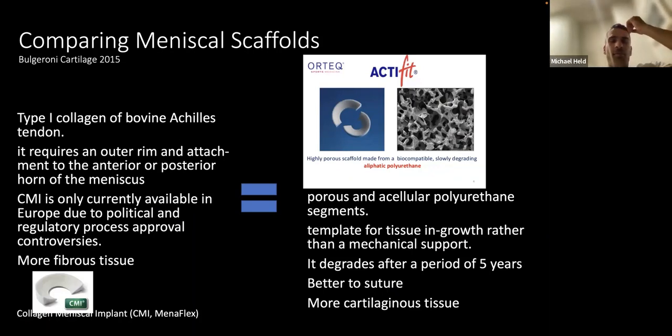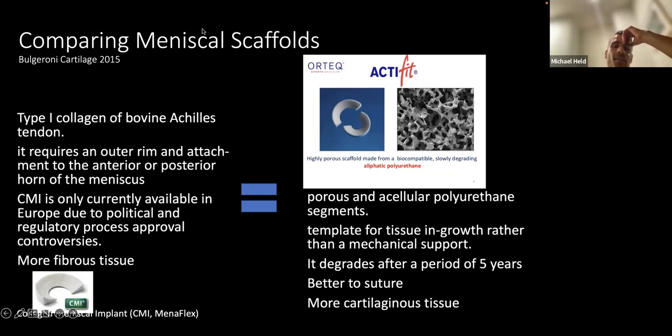The CMI is a bovine Achilles tendon with lots of collagen 1, and both of them require a good rim to attach to, and good posterior and anterior horns, because you just patch it. This meniscus doesn't have the same properties as a transplant, so it can't anchor into the bone. It has to be sutured into meniscal tissue. So if you don't have a rim to suture to, you can't use it.